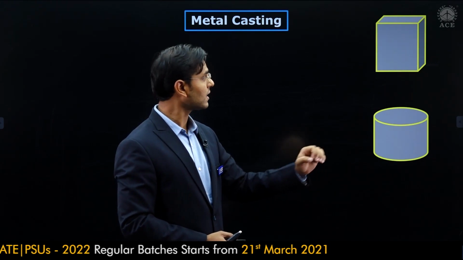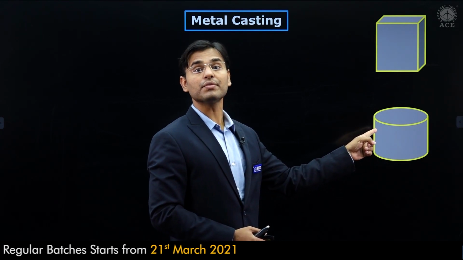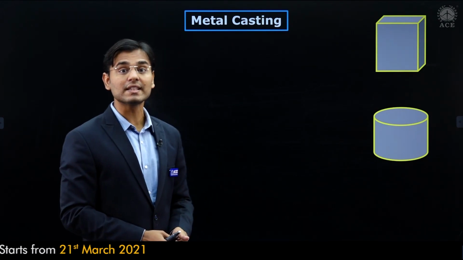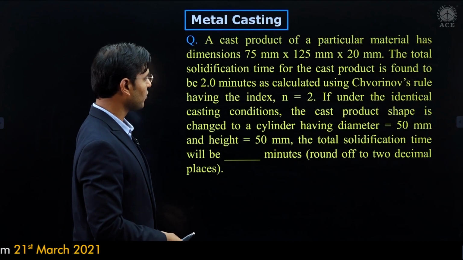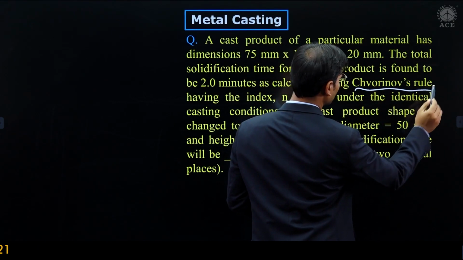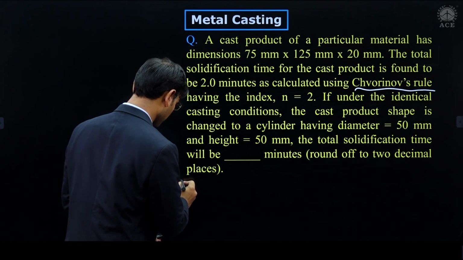The solidification time of the first casting is given, and we have to calculate the solidification time of the second casting by using one special rule, and the name of that rule is Chvorinov's rule. Now I am reading this problem.